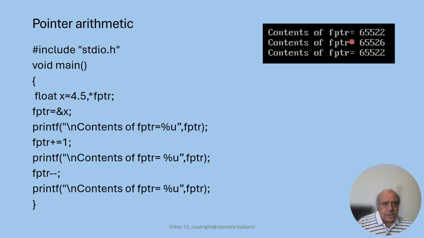When we assign the address of the x variable to fptr, x is stored at 65522. So fptr contains the address of x, which is 65522.